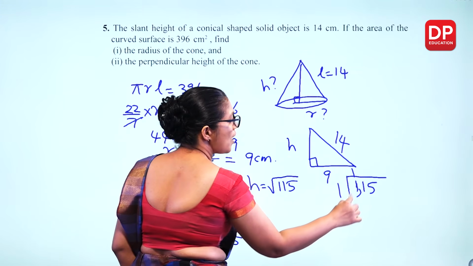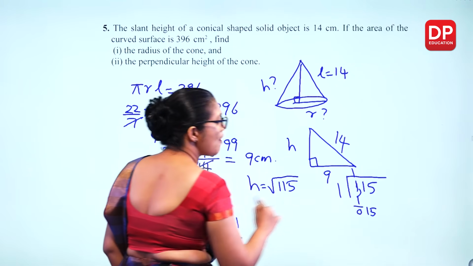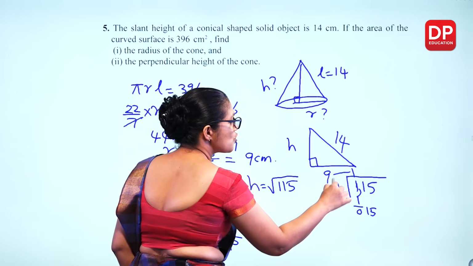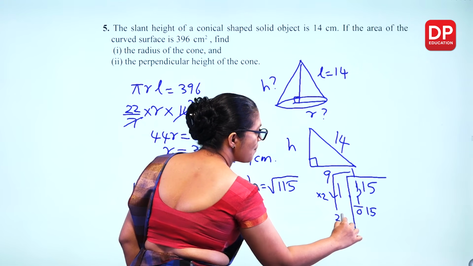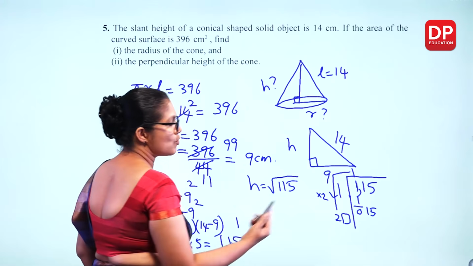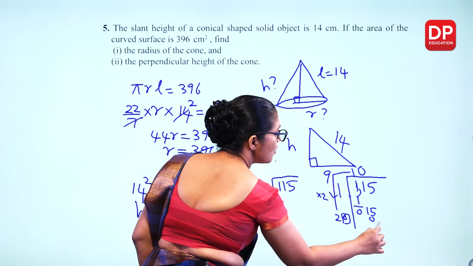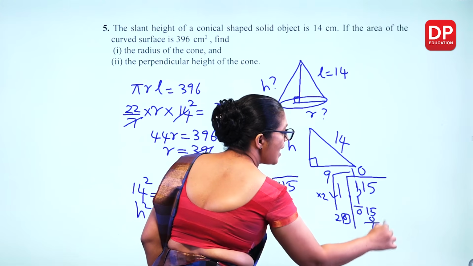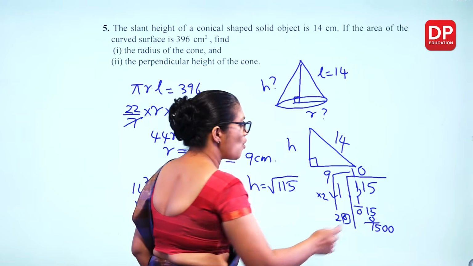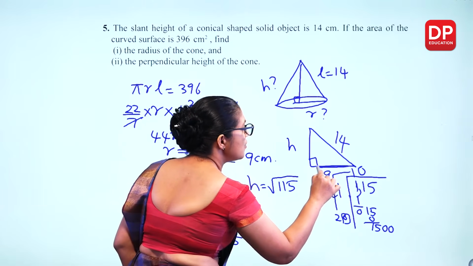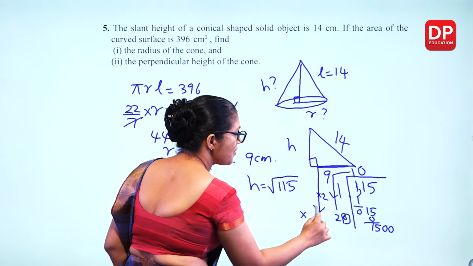So 1 times 1, you get 1. Then you take the other pair, 15. 1 times 2, you get 2. So 20 something to get 15. So nothing there, so 0. 15 remaining, and you have to take another pair of zeros, and for 1500 you need to find out how many 200s are there.